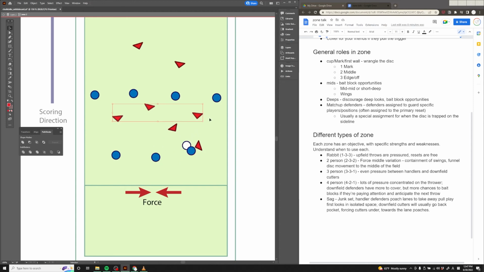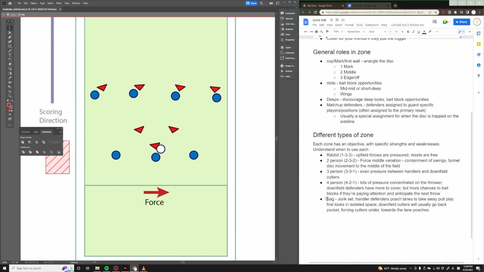The next wall is covering everything in the middle of the field behind these two, and they are sandwiched by 2 deeps. We will use this zone in situations where the offense is taking advantage of swings towards down along the sideline.